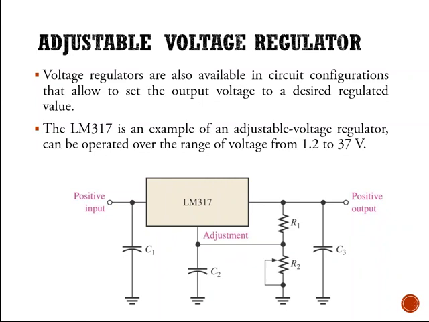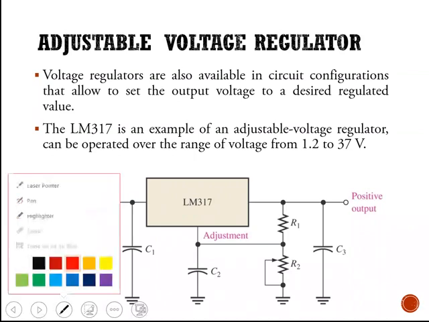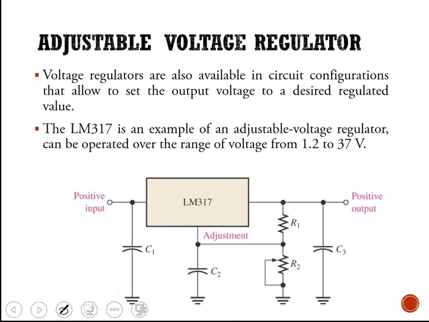Here it is again a 3-pin terminal, wherein pin number 1 is the adjustment pin, pin number 2 is the output, and pin number 3 is the input. It can be operated over a wide range of voltage ranging from 1.2 to 37 volts, with current capability of more than 1.5 amperes. You can see two capacitors C1 and C3 which are used to remove the ripples.